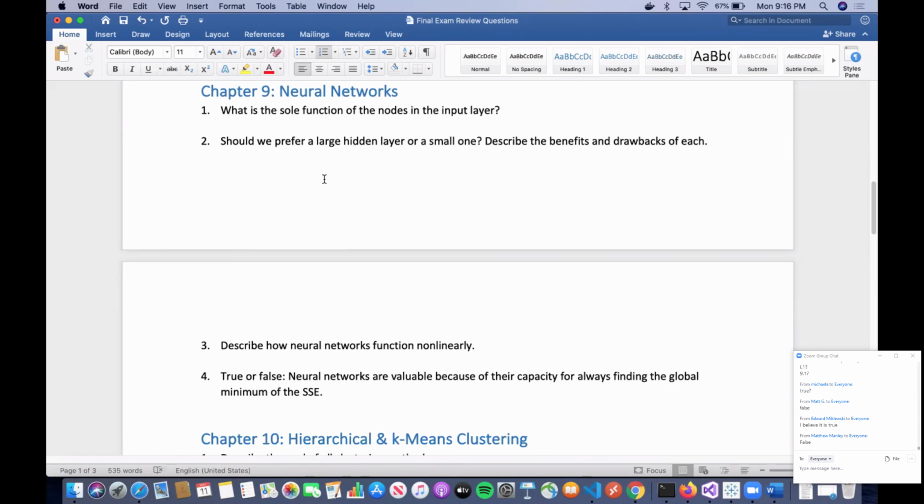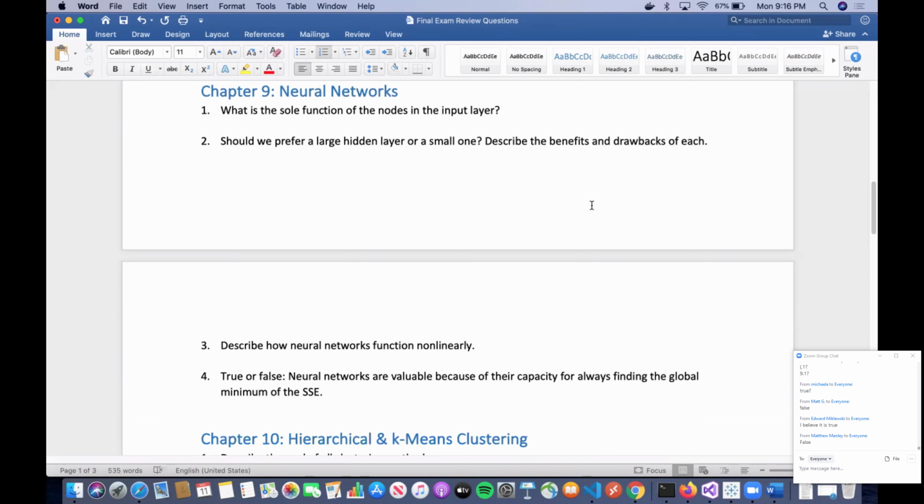Should we prefer a large hidden layer or a small one? Describe the benefits and drawbacks of each. The more hidden layers you have, the more accurate. So it's the same question, going back to overfitting or underfitting.